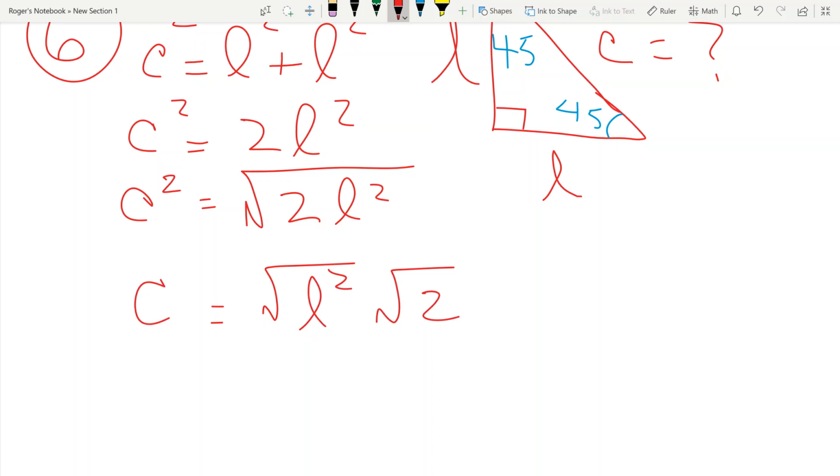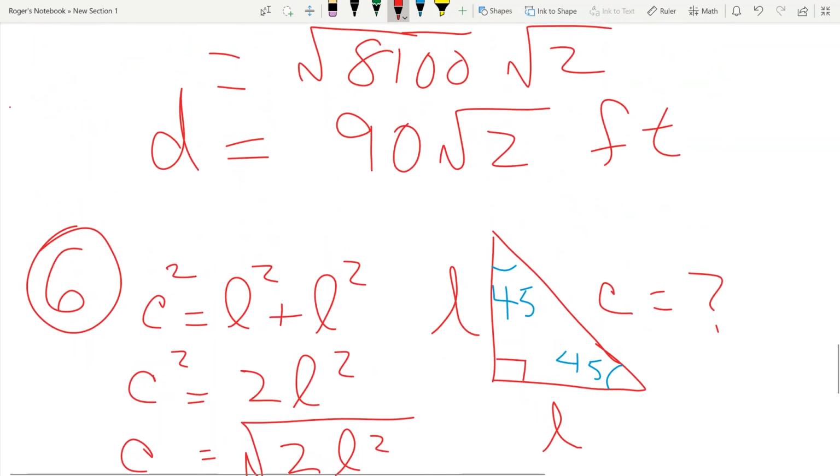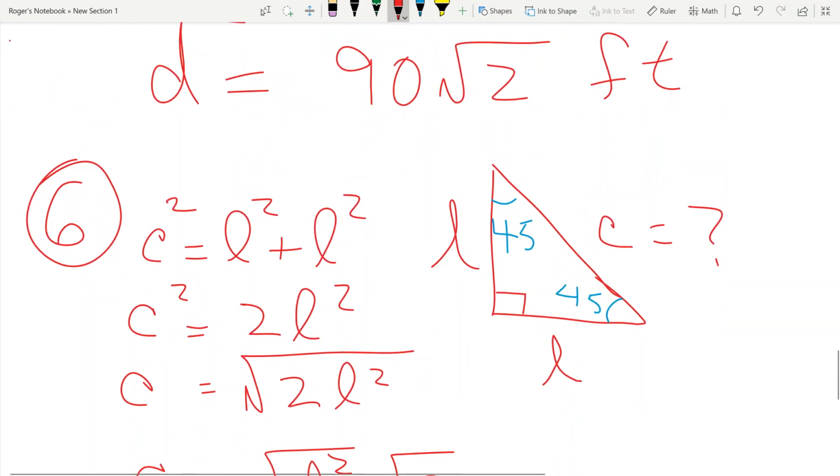That's equal to c, sorry, not c squared. It's just equal to c. c is equal to the square root of L squared times the square root of 2. The square root of L squared is simply L, and you get L times the square root of 2. Notice that in example 5, we've got 90 times the square root of 2.